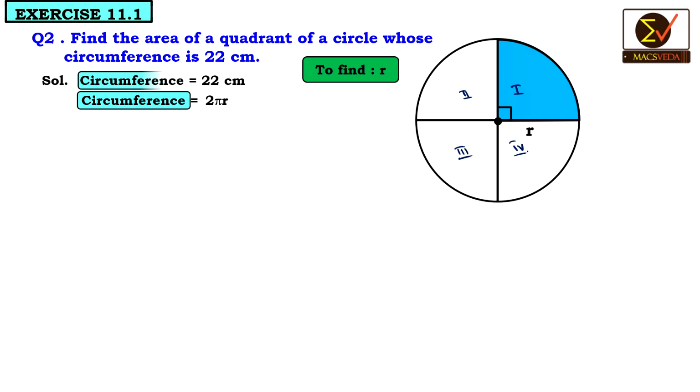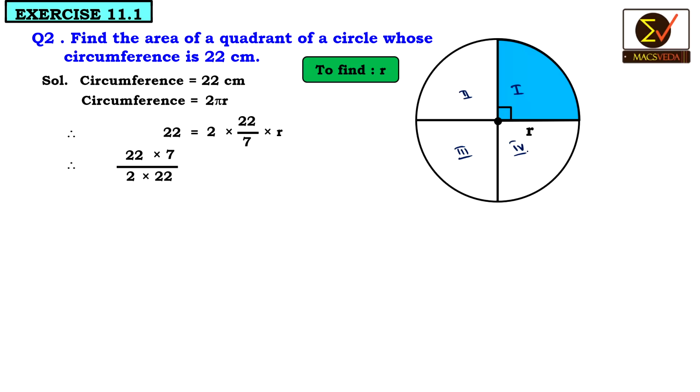So equating, we get 22 is equal to 2 into pi, pi is 22 by 7, into r. We need to find the value of r. So 22 into 7 divided by 2 into 22 is equal to r. So cancelling 22, you get r is equal to 7 by 2 centimeters.